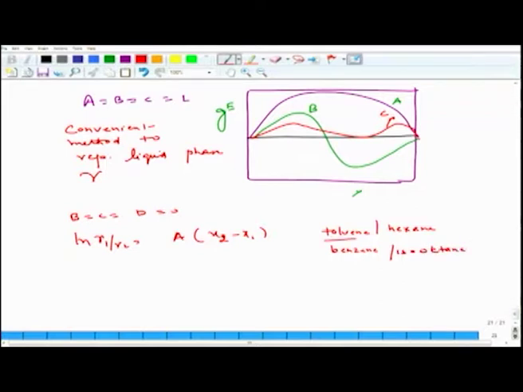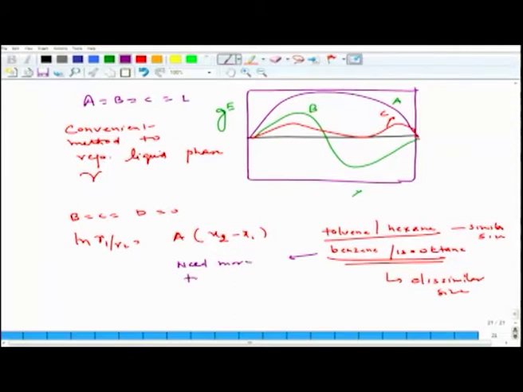For the case of similar size, it works well. For the case of dissimilar size, it does not work, and thus in this case you need more terms.